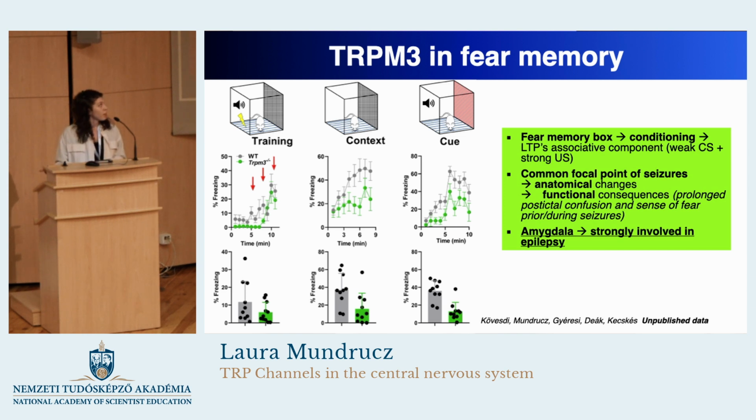But in the next set of experiments, when the animals were placed back into this given environment, you could already see a difference: the wild-type animals displayed a significantly higher freezing tendency. Just as during the apex of these experiments, when you only apply the non-painful stimulus, it also makes the animal exhibit a fearful response, namely freezing.